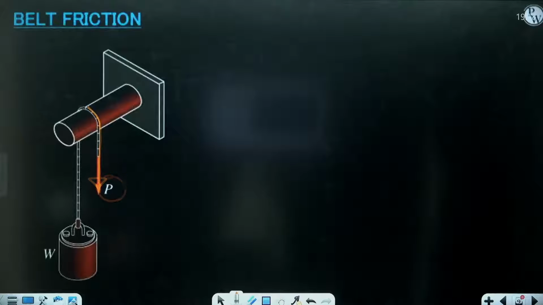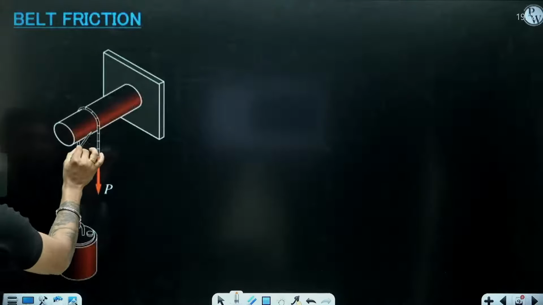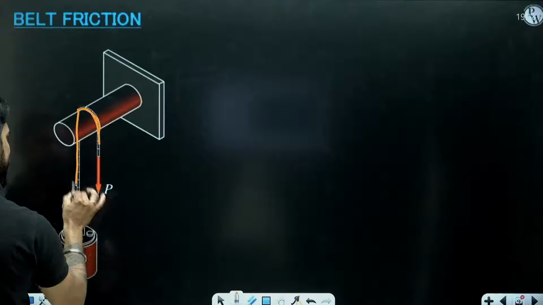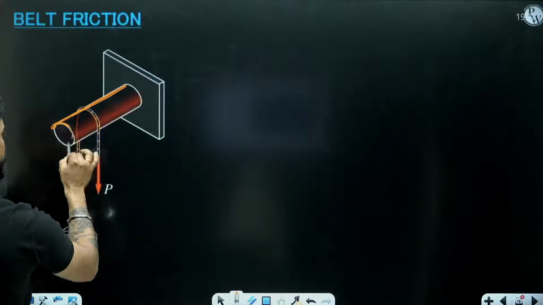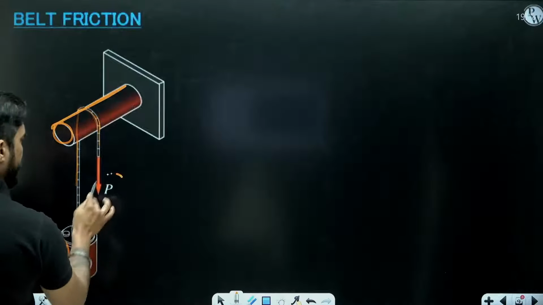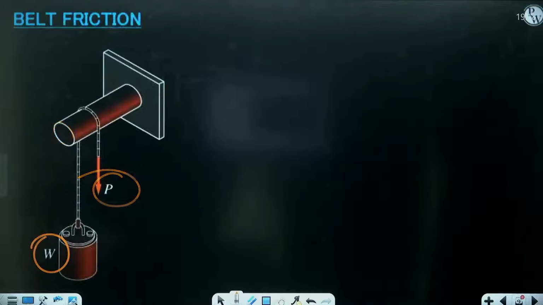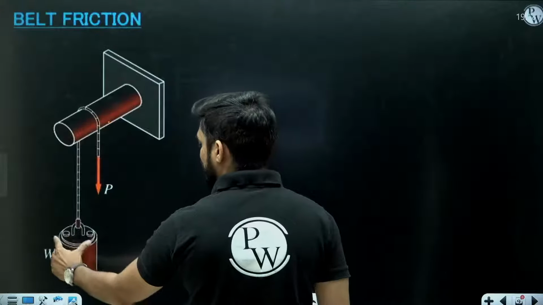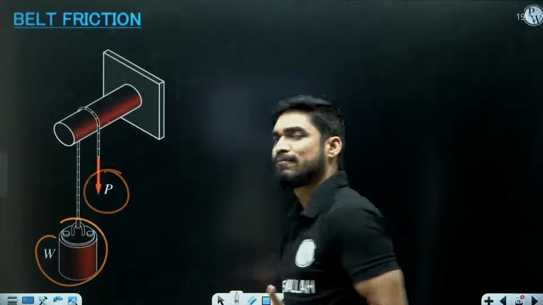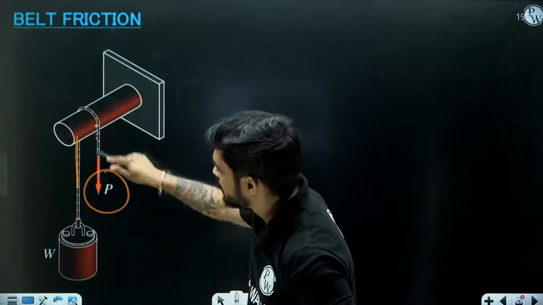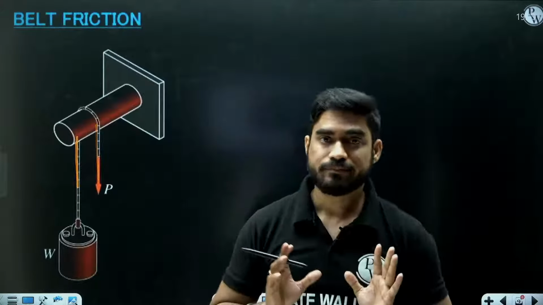Now understand this concept. If there is no friction between the rope and the rod, then W will be equal to P. What does this mean? It means tension on both sides of this rope will be equal.